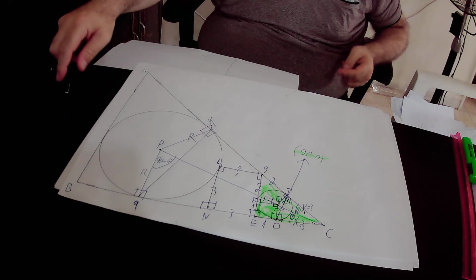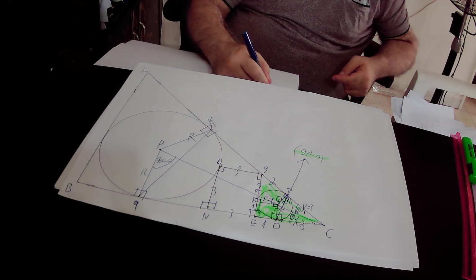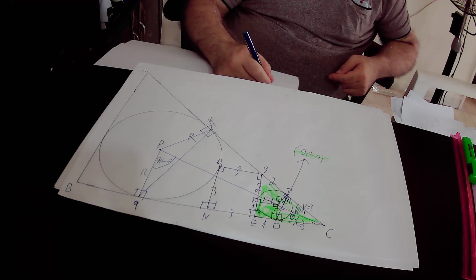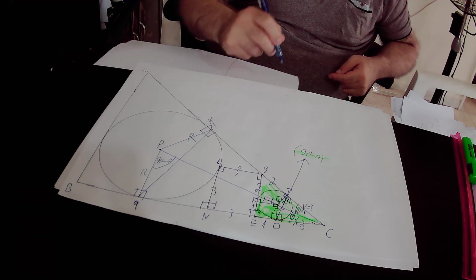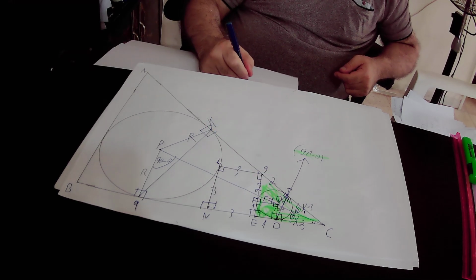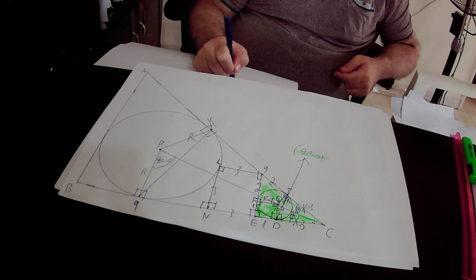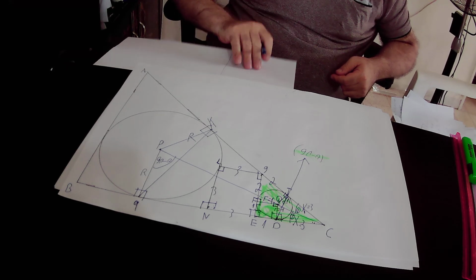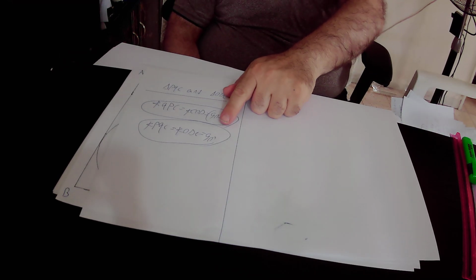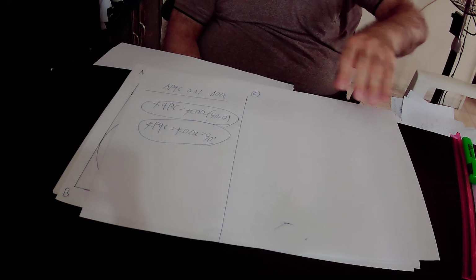So write it down, triangle PQC, angle PQC, this angle is equal to this angle, that is actually angle ODC. Again, angle PQC equals angle ODC, they are both equal to 90 degrees, therefore they are equal to each other.